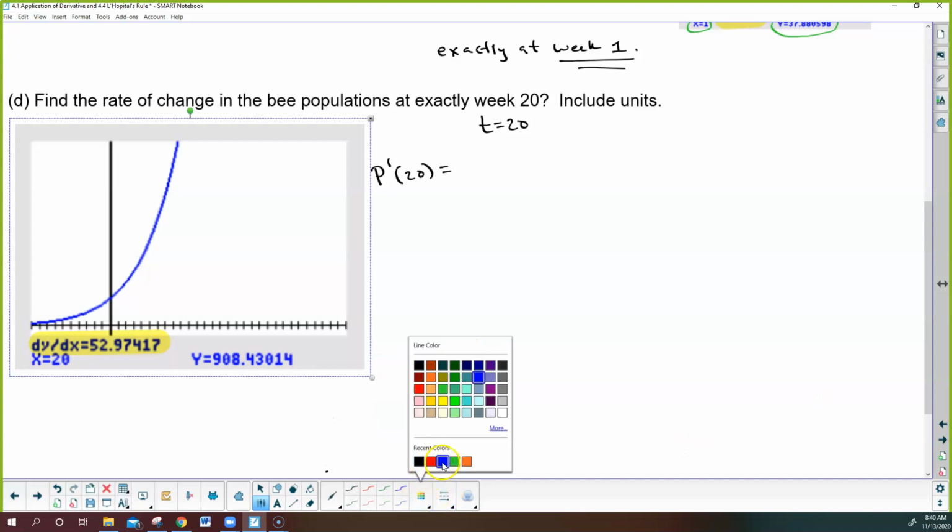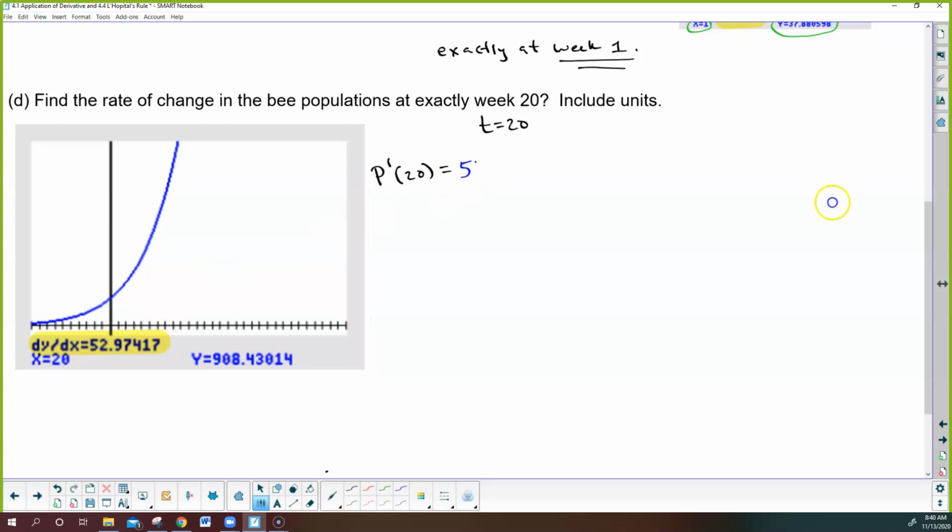I'm going to answer the question, but then refer back to what do we know? So we know the derivative at 20, because that's what I typed in, is 52.97417. And what is that referring to? That's referring to bees per week exactly at the 20th week.